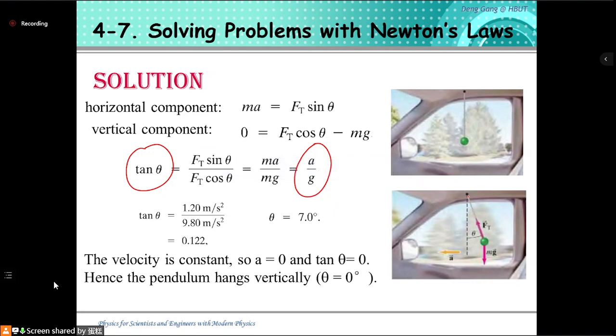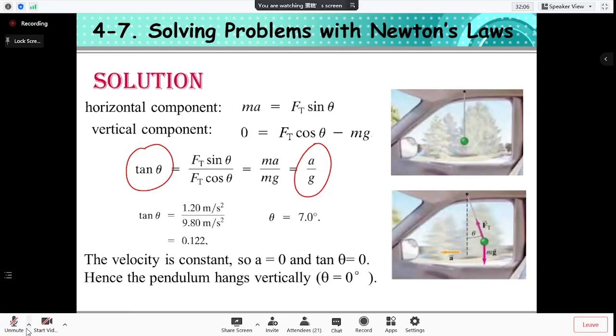There's no acceleration in the y direction. Together they are moving in the x direction, and the acceleration is a in the x direction. Just like this car is moving in the x direction, it doesn't move in the y direction, and the ball is moving together with the car, right?